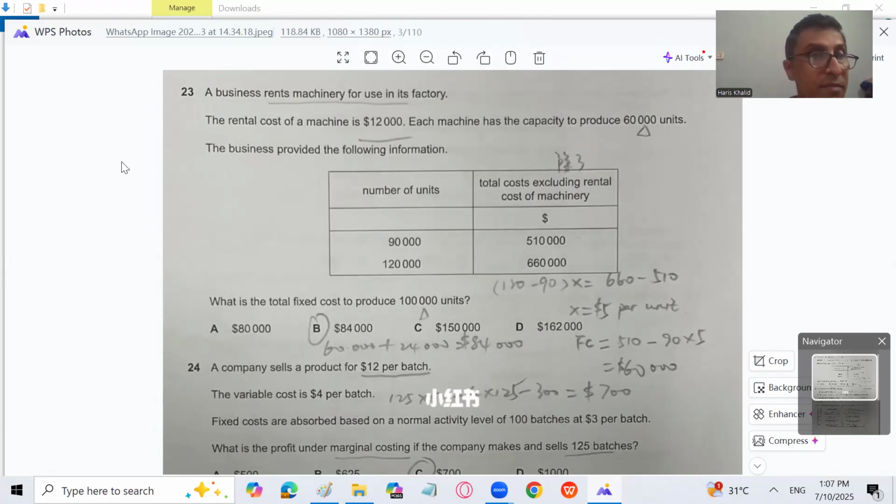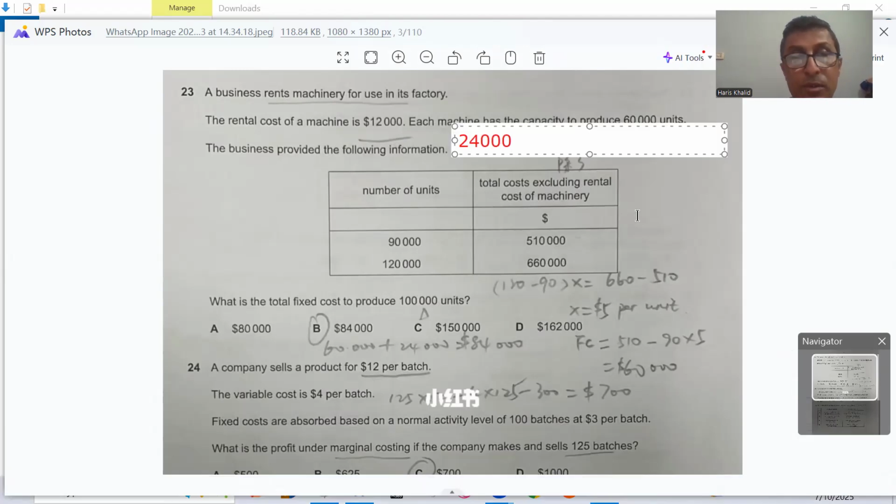So if more than 60,000 units are produced, the rental cost is going to be 24,000 till 1,20,000 units. If it goes more than 1,20,000 units, rental cost will again increase by 12,000. It is a stepped cost basically. So stepped fixed cost. The business provided the following information: 90,000 units, 5,10,000; 1,20,000 units, 6,60,000.